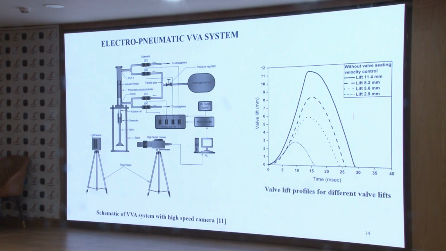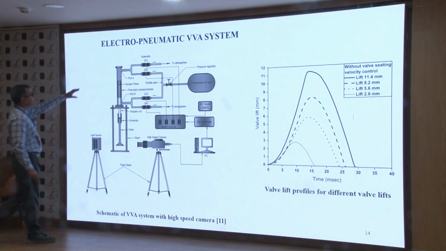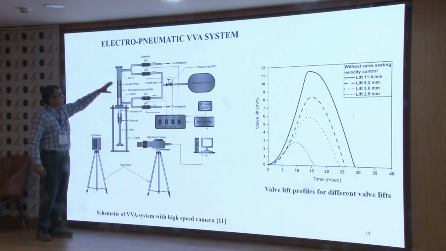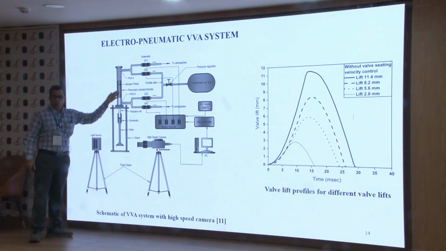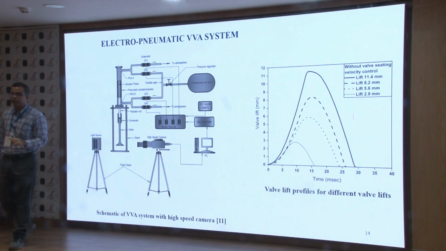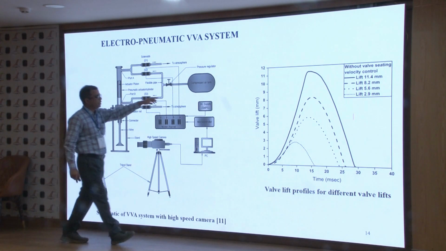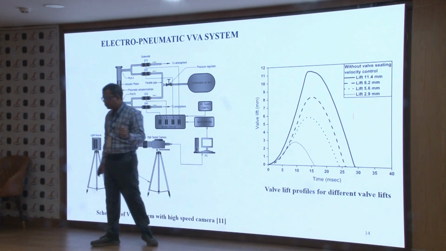With that information, we started our journey, and we first developed an offline testing setup of the technology. Here we have a piston actuator with two ports, port A and port B. Both ports are connected with two solenoids, and the main supply is connected to compressed air.